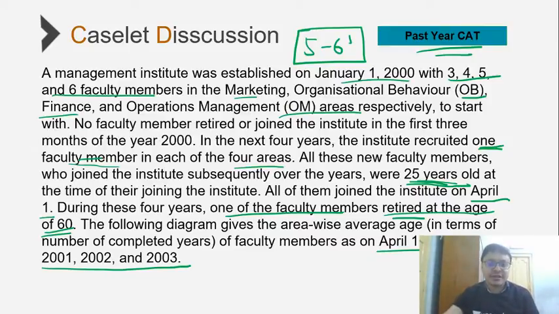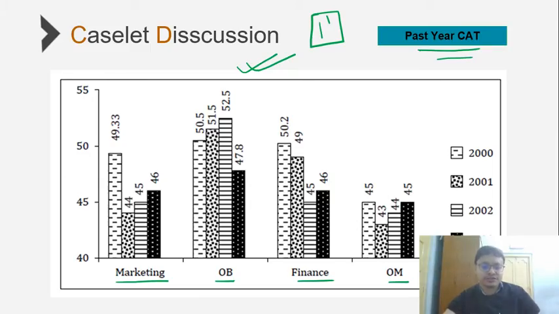And the number of faculties in each area are 3, 4, 5 and 6 for marketing, OB, finance and operations. So this is a graph you need to look at to identify the ages at which they joined and retired, and be able to solve the 4 questions in the set. So take around 5-6 minutes to try and solve the set and the 4 questions that follow.